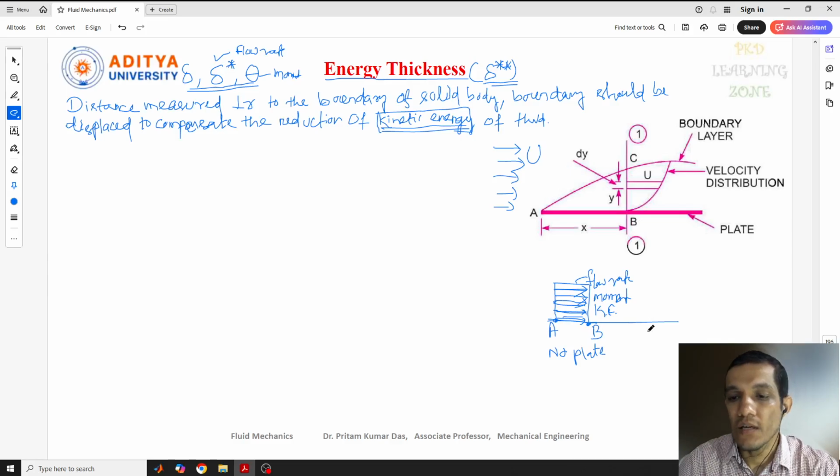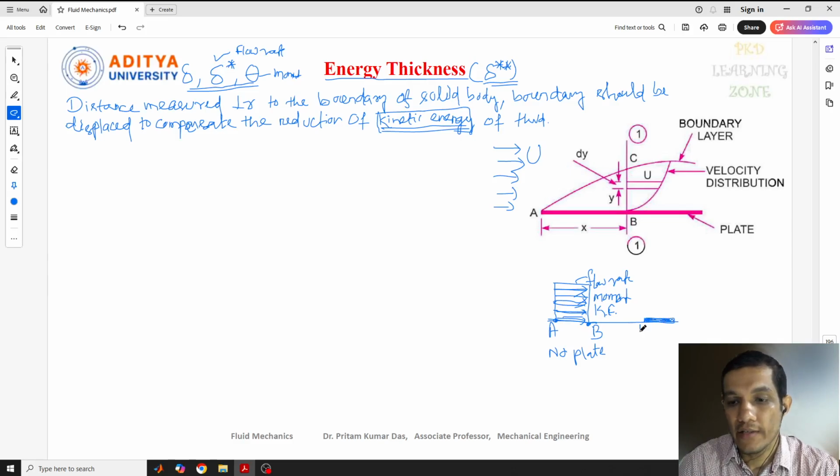Then the scenario will be slightly different, because there will be a velocity reduction in the fluid flow. Near the wall the no slip condition occurs, and due to the no slip condition the velocity is zero at the wall.